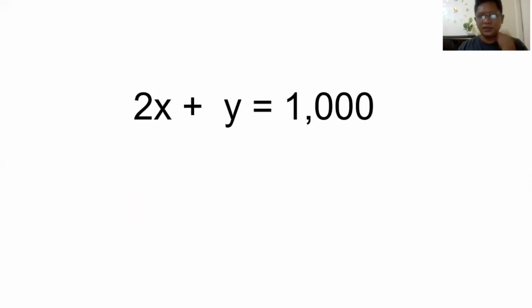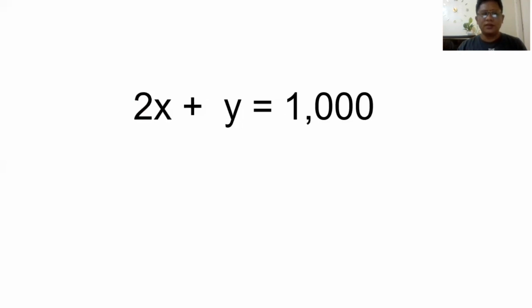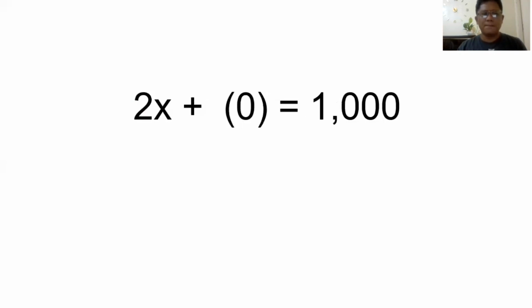Next, we isolate x by substituting 0 for y. When y is equal to 0, then you will have 2x, so substitute 0 for y. So what remains is 2x is equal to 1,000.